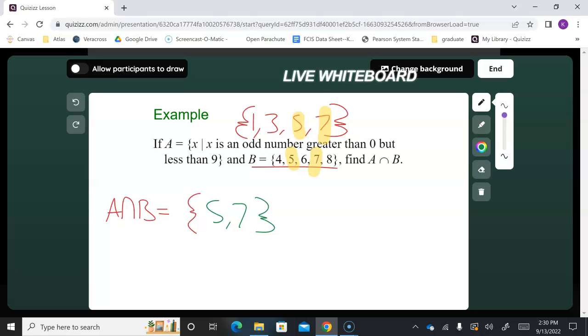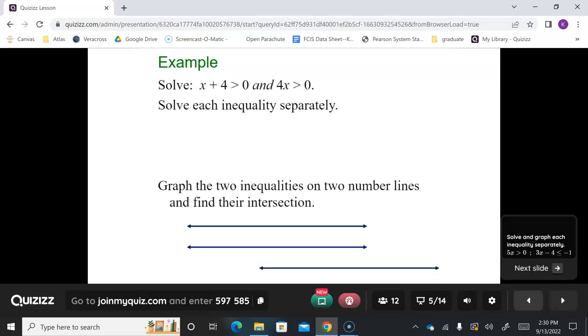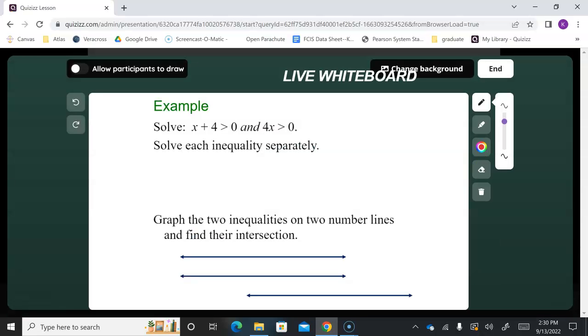Let's go ahead and look at an inequality now and see how that adjusts it. Remember, an inequality is now a range of numbers. Those sets had finite values. Now we're dealing with inequalities that have a range of numbers. So we solve our inequalities separately. I have x plus 4 is greater than 0, and 4x is greater than 0.